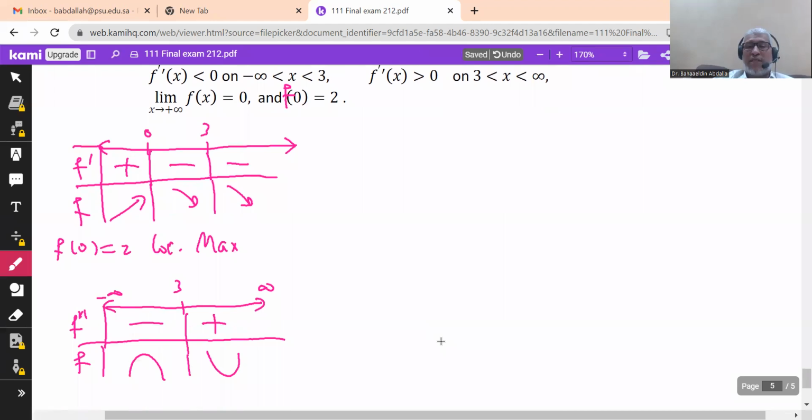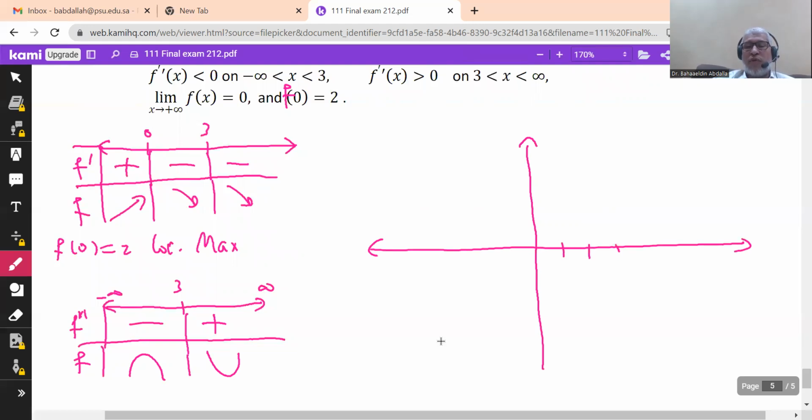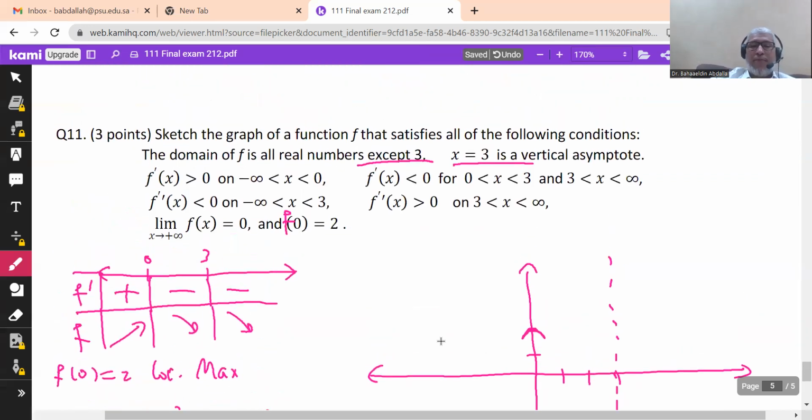Okay, I can sketch the graph now. One, two, three. This is a vertical asymptote. f of 0 is 2, and this is a local maximum. What else?